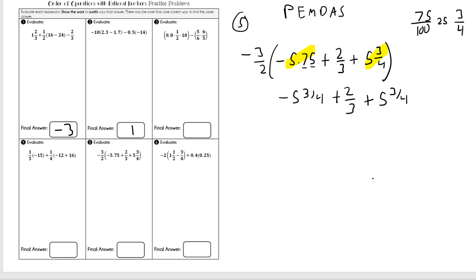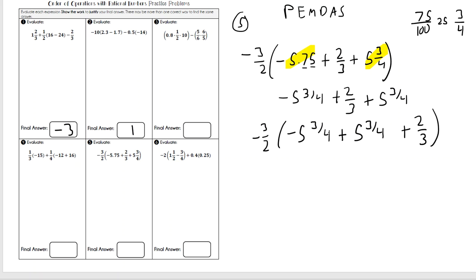Now I'm also going to use the commutative property on this. Remember, you can add in any order and it doesn't change the value of your expression. Okay, so I'm going to rewrite this so that the negative 5 3/4 and the positive 5 3/4 are together, and I'm going to do that first, and then I'm going to add the 2/3.